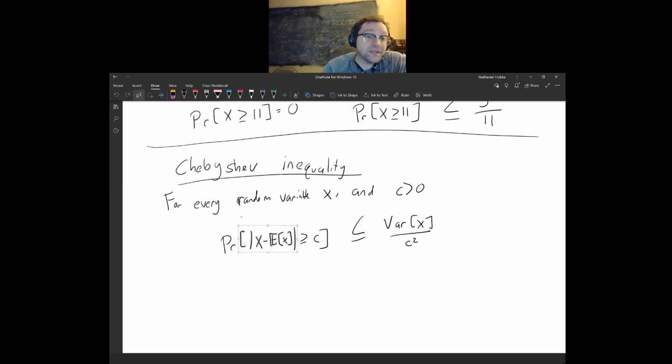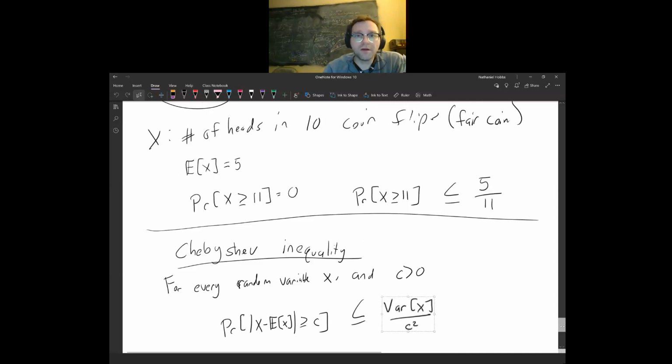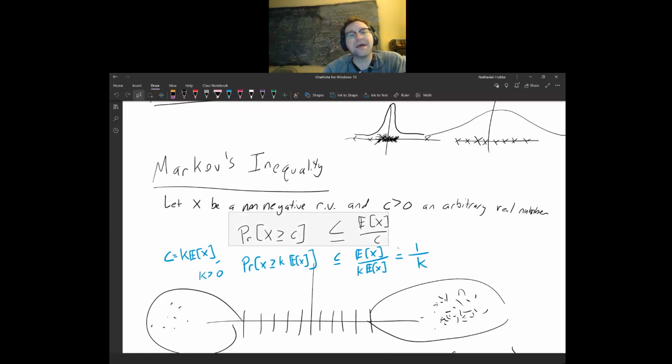And the probability that you lie some distance C away is bounded by the variance. Let me go back up to Markov. Markov relates probability on the left and expectation on the right.